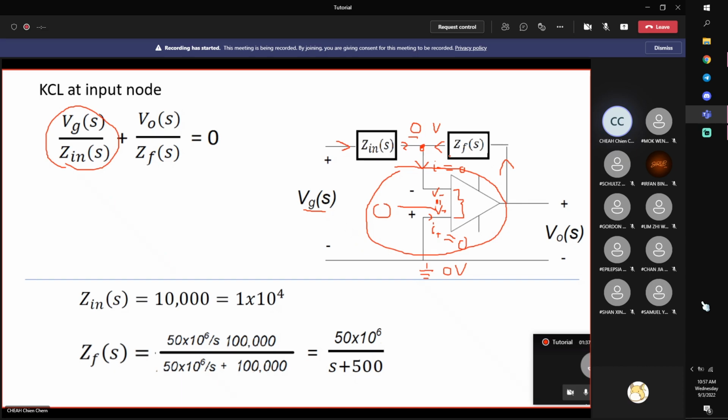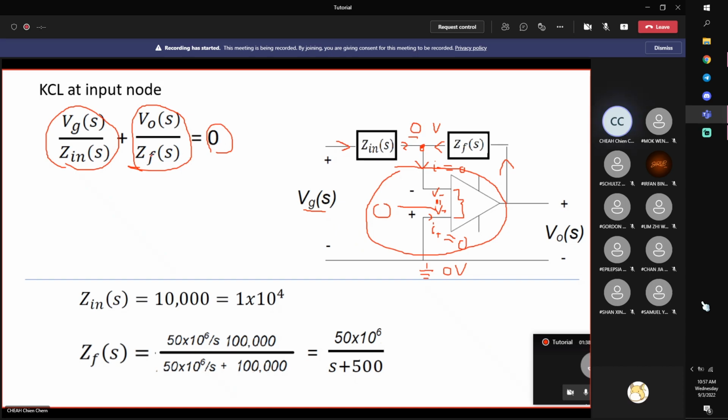So V0 minus 0, which is V0, divided by Zf is another inflow coming in from the output, right? Because I'm assuming everything flows through the ground. Next, equal to outflow. Outflow is 0 because of the op-amp property. The current cannot flow into the terminals, so outflow is equal to 0. Then I get this equation.